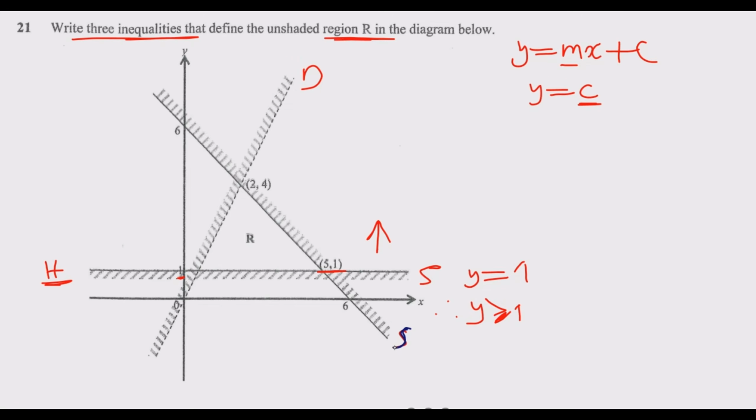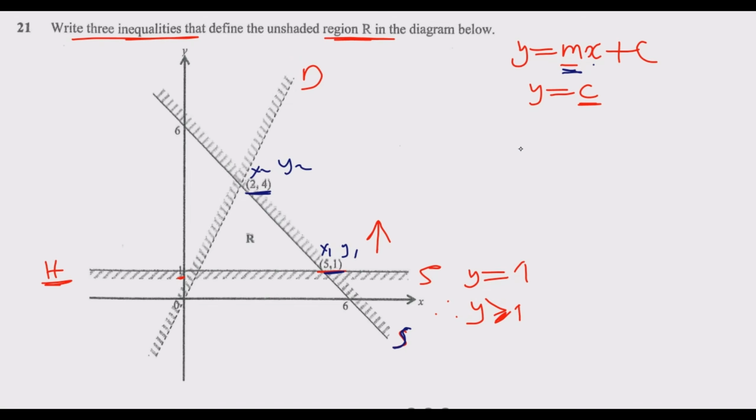For the solid line, we have this line passing through 5,1 and 2,4. I can say this is x1, this is y1, then this is x2 and this is y2. To find any equation, we need to know the gradient if you know the points.